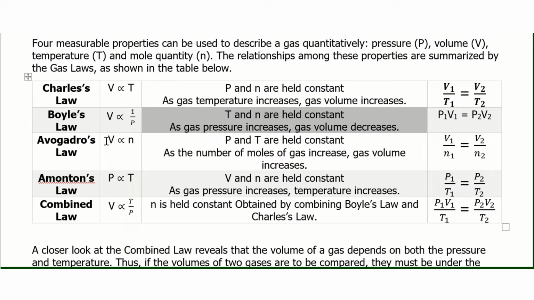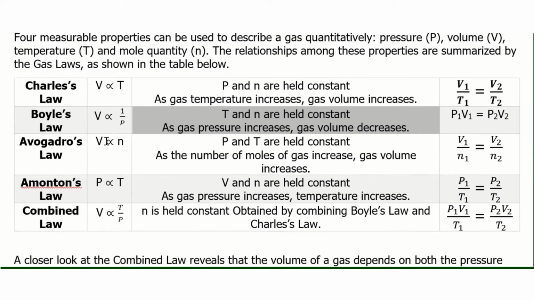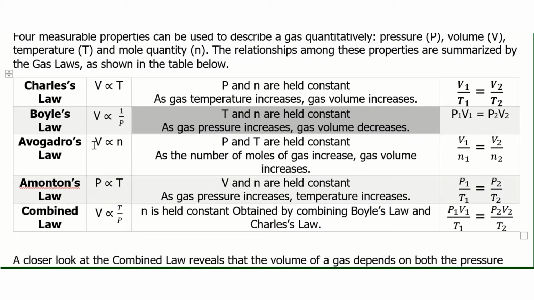And you can see similar situations for the rest of these laws. For Avogadro's law, that's a direct relationship. For Amontons' law, also a direct relationship. And then for the combined law, there is a direct relationship from volume to temperature, but there's an indirect one from volume to pressure, because that's at the bottom of the fraction.